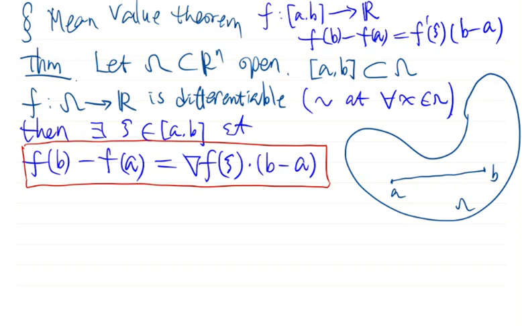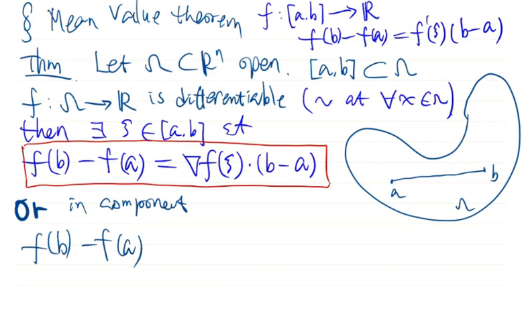If you write this in component form, this equality becomes f(b) minus f(a) equals the scalar product, or inner product, of two vectors, which is the sum of the multiplication of the corresponding components of the vectors.